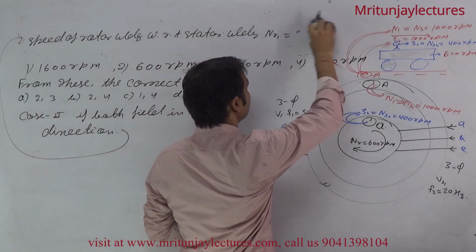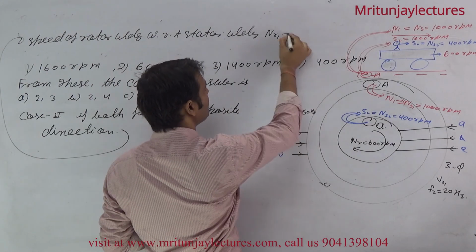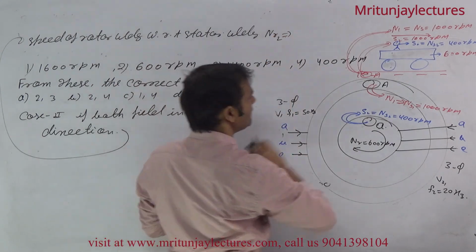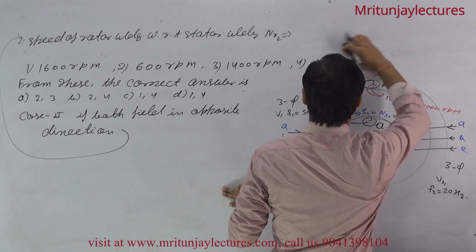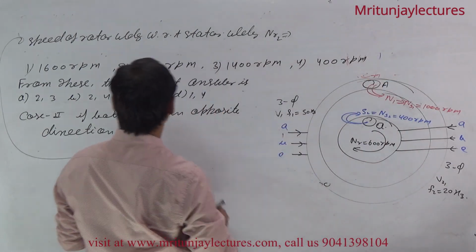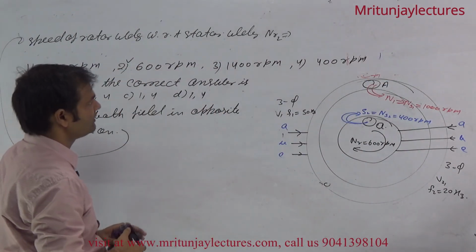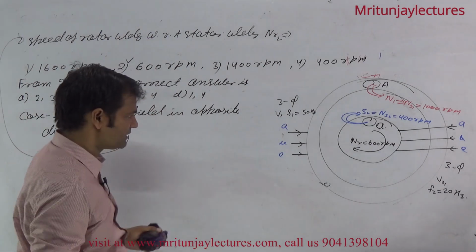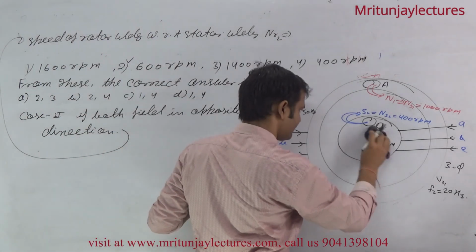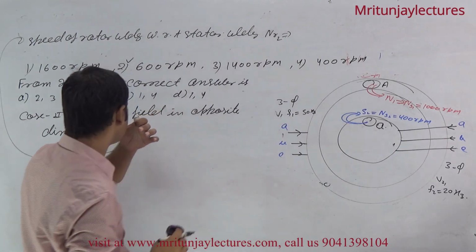Then what about NR? B is the correct option. Now another one corresponding to this, not B, the second.